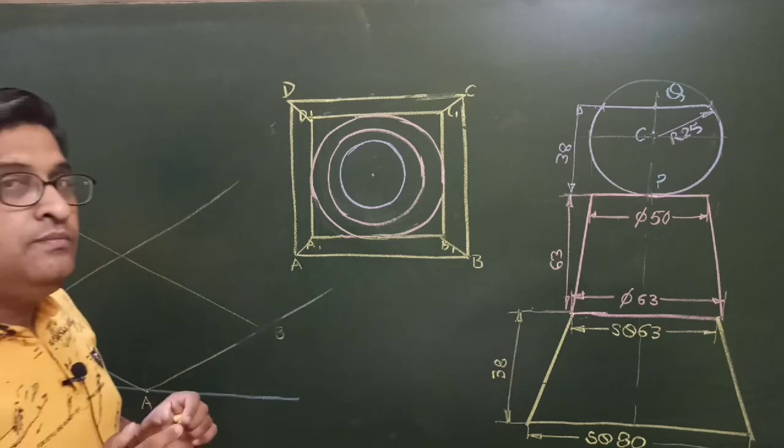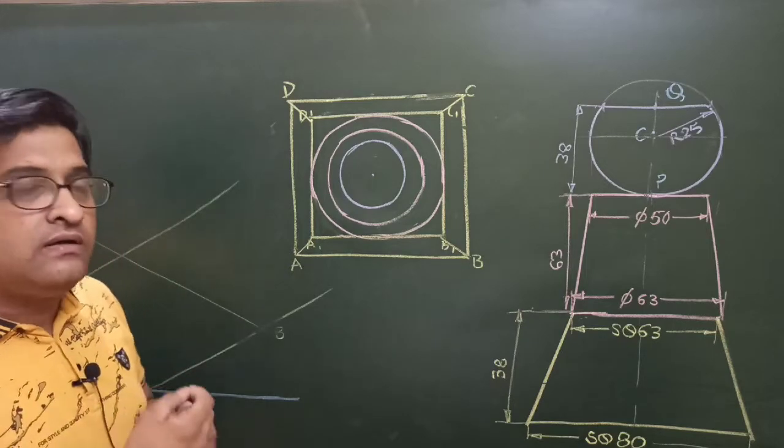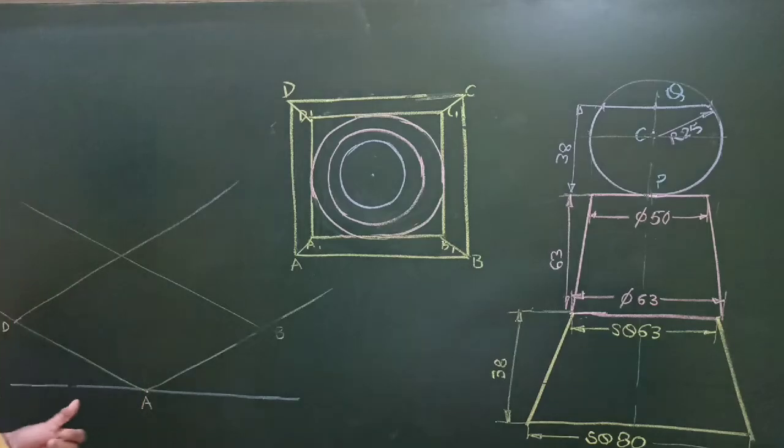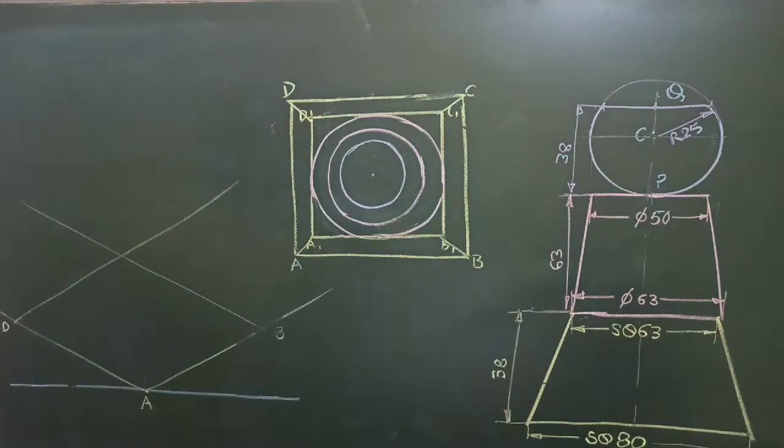Initially you have to keep all these drawings very light, because after drawing the complete diagram we will darken it. Now we have to move up a height of 38 mm.